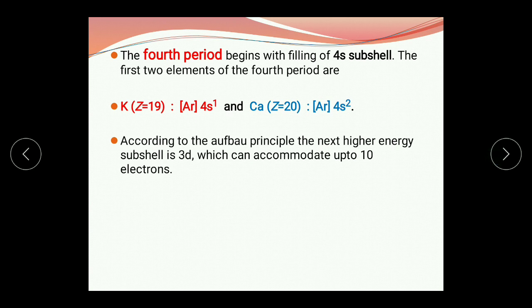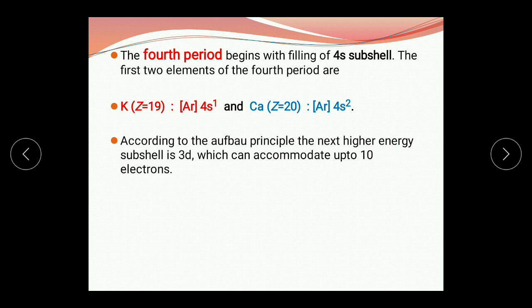Now, the principle I told you is that the electrons will enter according to the energy. These shells and subshells are the energy levels. The one which has lower energy will be filled first, and the one with the higher energy will be filled later on. That is the above principle. And according to that, after 4s, 3d will be there.